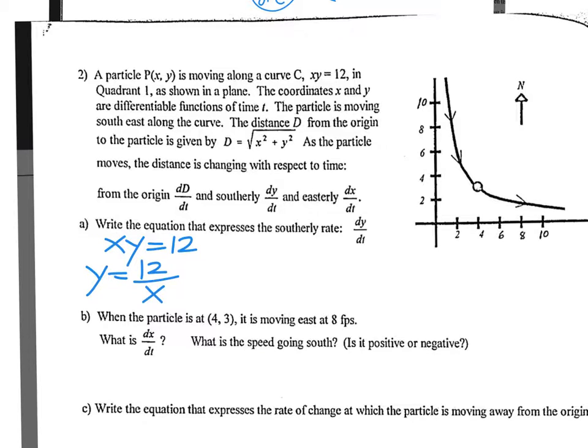But we're going to go ahead and find the derivative of y with respect to t. So this would be y equals 12 times x to the negative 1, if you want to rewrite it like that. And now let's take the derivative with respect to time. So the derivative of y would be what? dy/dt equals negative 12 over x squared.